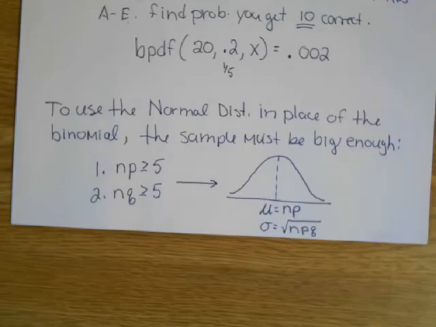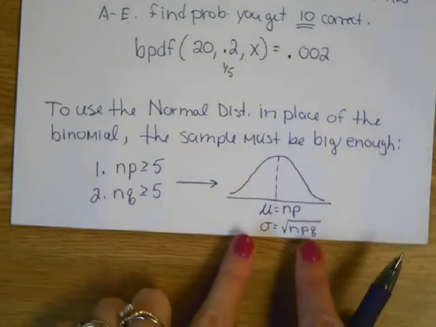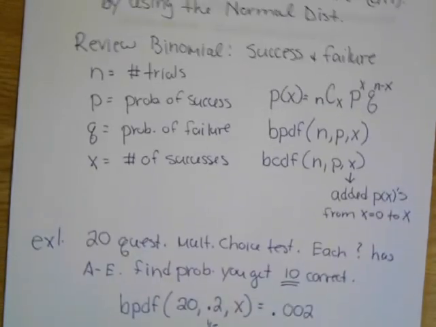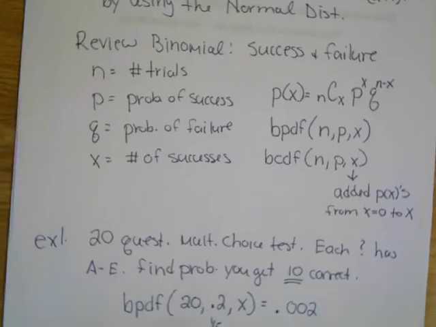After we decide if it can be used, there's one other thing you've got to do. It's called making the correction for continuity. Can we use it on this one? Did you check it? We can't use it, it's too small? 4. Oh, it's 4. Of course. Should have put it at 30.